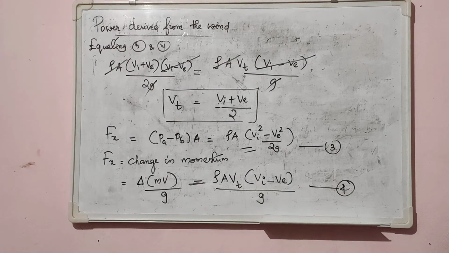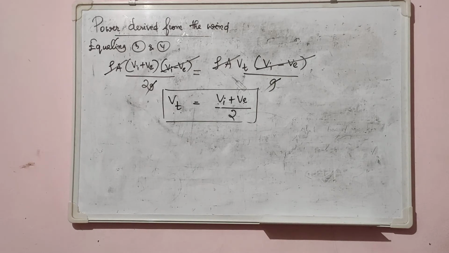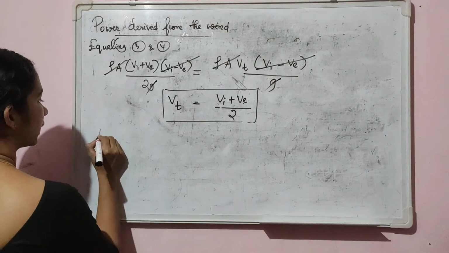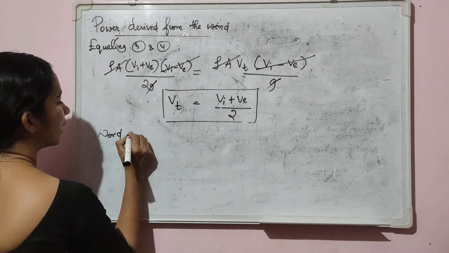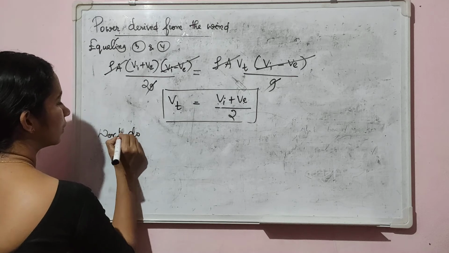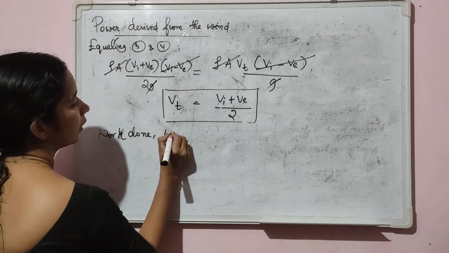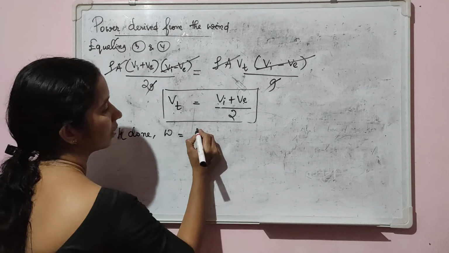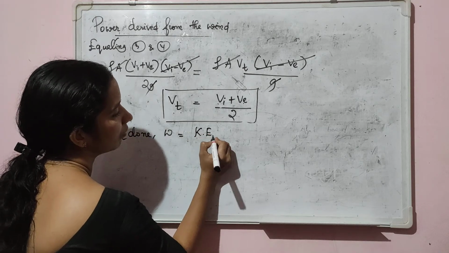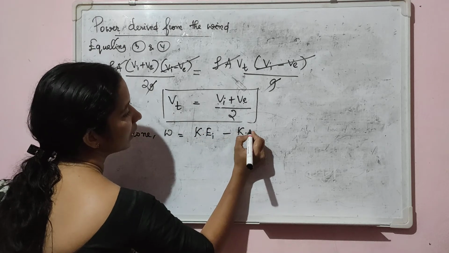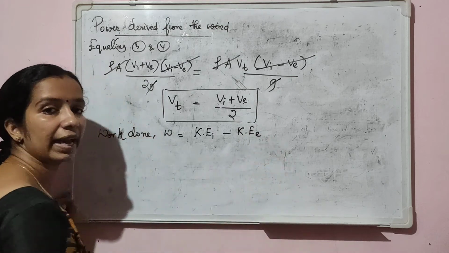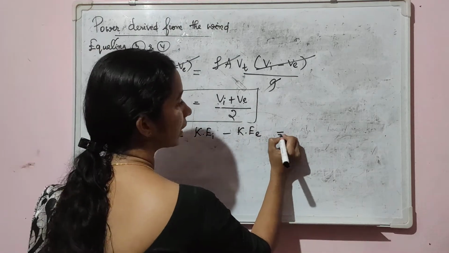So now let us calculate the kinetic energy. So here work done will be equal to change in kinetic energy. So we can write work done is equal to change in kinetic energy. That is kinetic energy of incoming air minus kinetic energy of outgoing air. So what is the equation for kinetic energy?